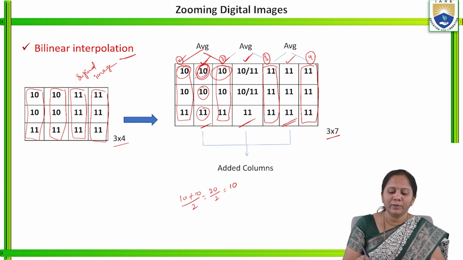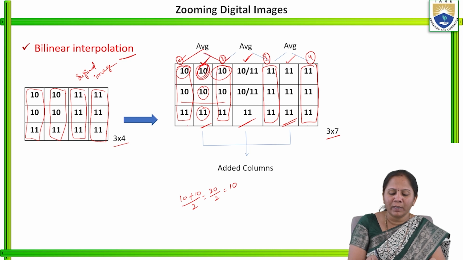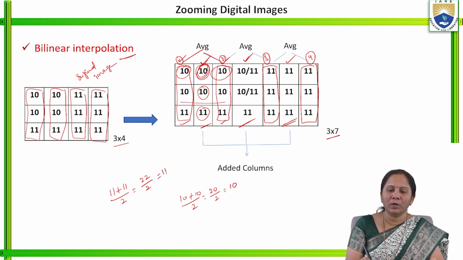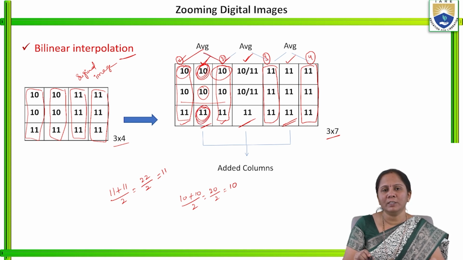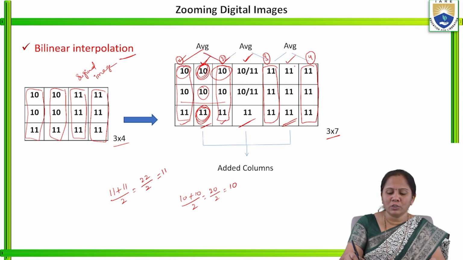So that is what we got, 10. Similarly, we can check for the second one. If we consider the third one, the two values are 11, 11. If we take the average of these two, we will get 22 by 2, whose value is equal to 11, and it is assigned as a new intensity value in this duplicate column. Like this we can calculate by taking the average value.